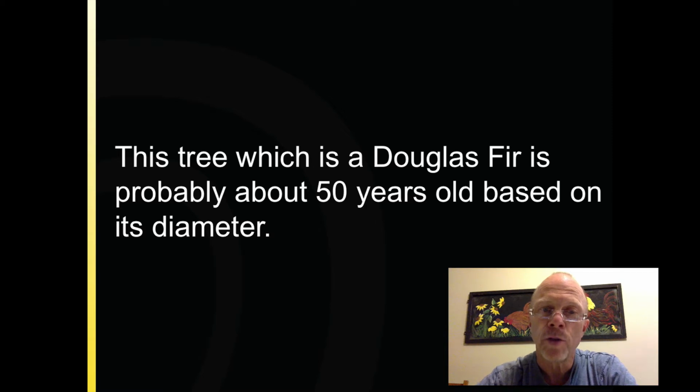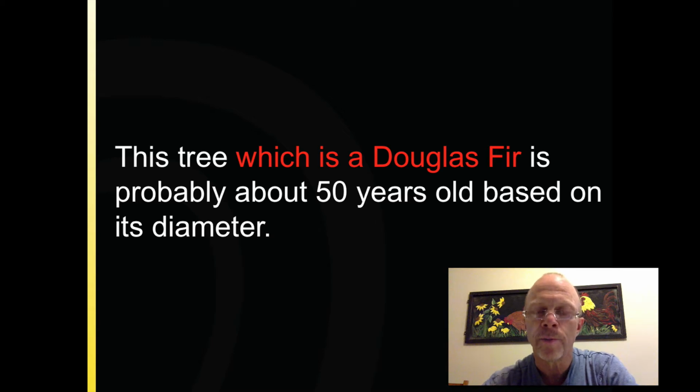All right, so this tree, which is a Douglas fir, is probably about 50 years old based upon its diameter. We can hear that this phrase, which is a Douglas fir, is in the middle of this sentence, and we could take this out. If we just scratch through that, this tree is probably about 50 years old based on its diameter.